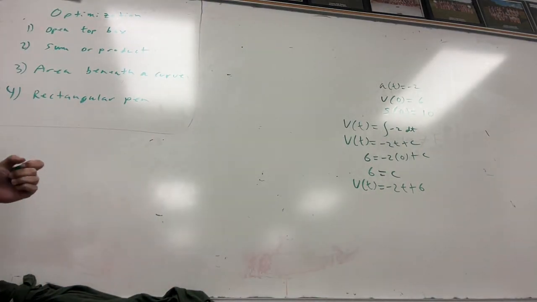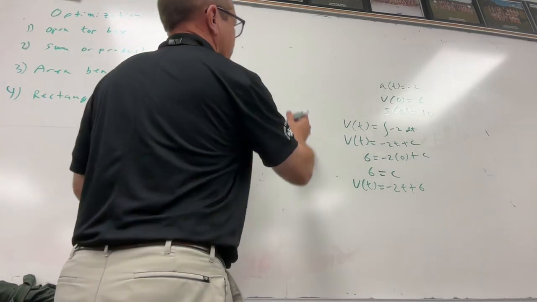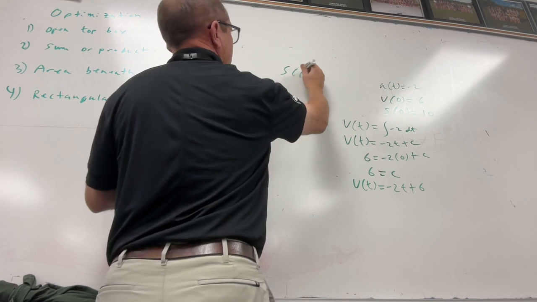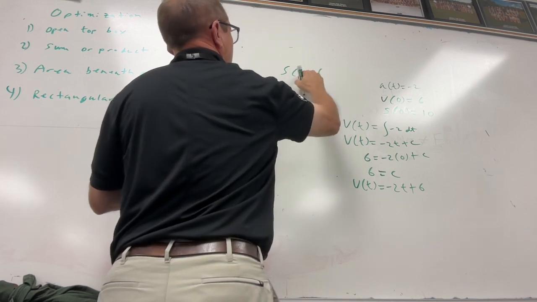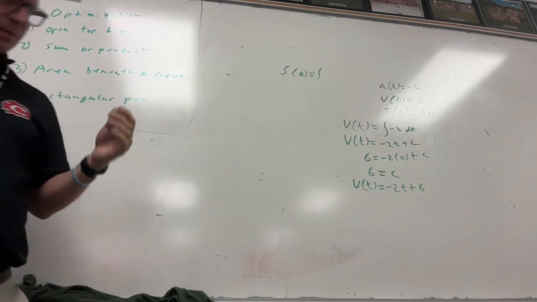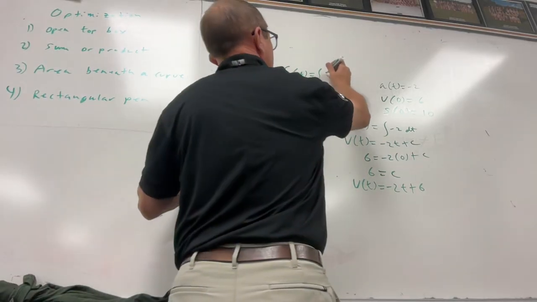All right, so now let's go to position. So position, I've got s of t equals the antiderivative of what? Yeah, negative 2t plus 6.